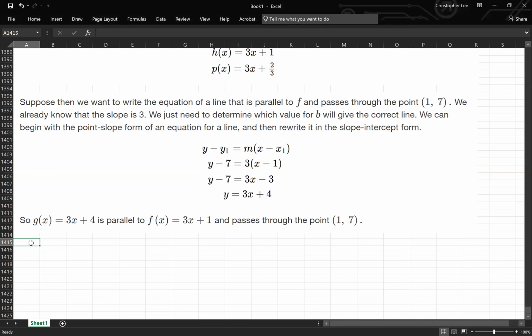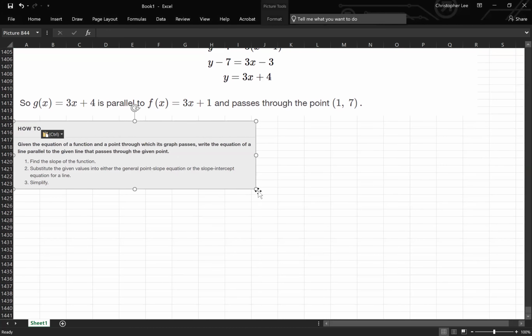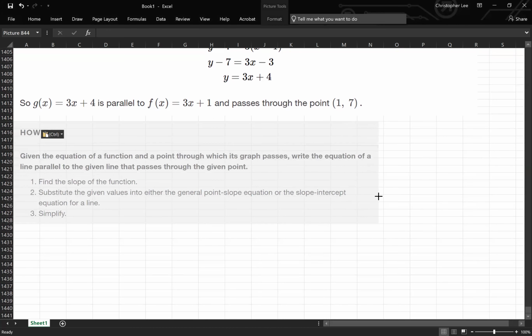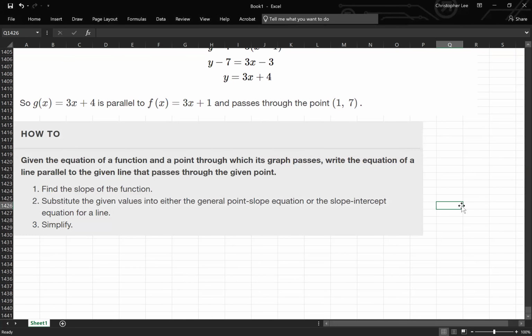Let me give you all a little how-to. Given the equation of a function and a point through which its graph passes, write the equation of the parallel line to the given line that passes through the given point.